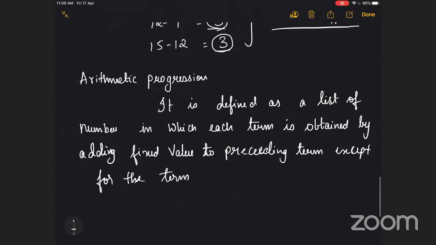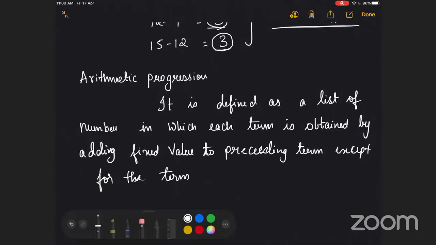Now, what are the main terms we are having? That is the first term and the fixed value.